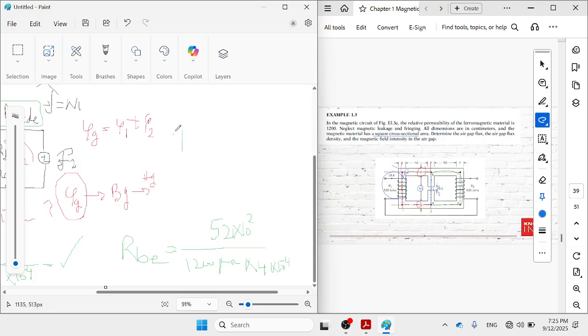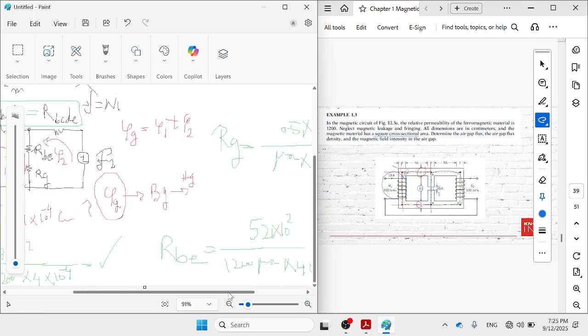Lastly, we should calculate the RG, which is 0.5 centimeter, which we convert to meters, 10 to the minus 2, over mu 0 times A, which is 4 times 10 to the minus 4, correct? So these are the values we know.